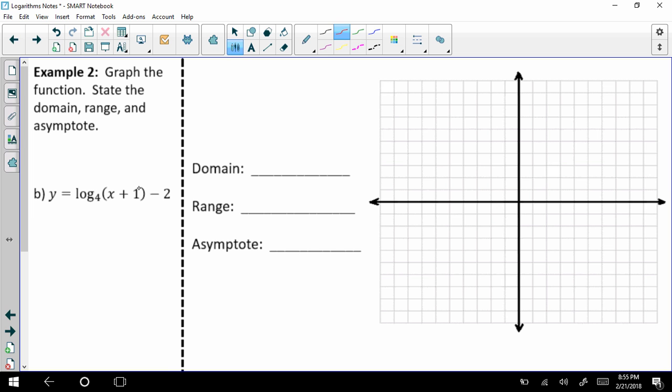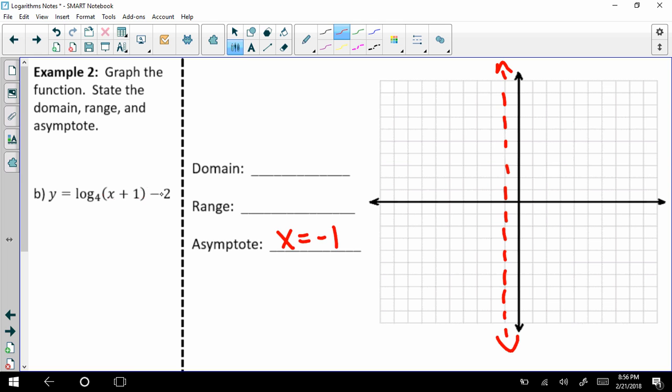Okay, so if I'm just looking at the equation, remember your asymptote is just focusing on what's with x inside the parentheses, and it's opposite of what it looks like. So plus 1 means we actually went to the left, so x equals negative 1. So then we go to negative 1. So x equals negative 1 is our asymptote. So now let's type this in.